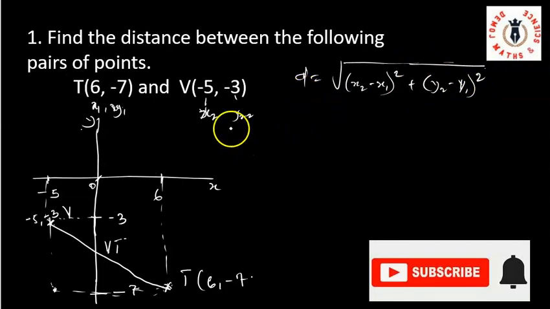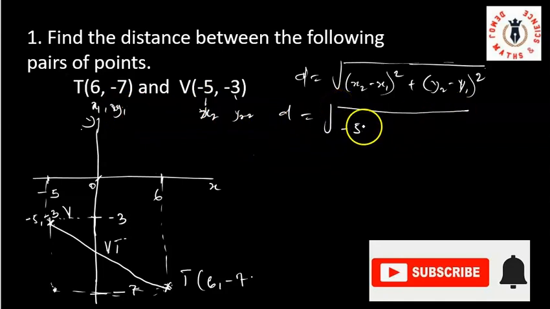From this expression, our x2 is minus 5, so that my D will be equal to the square root of minus 5 minus 6 all squared plus minus 3 minus 7 all squared.